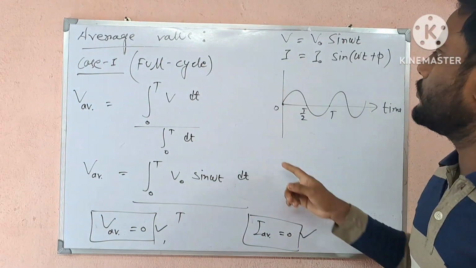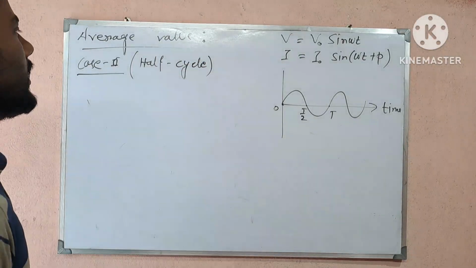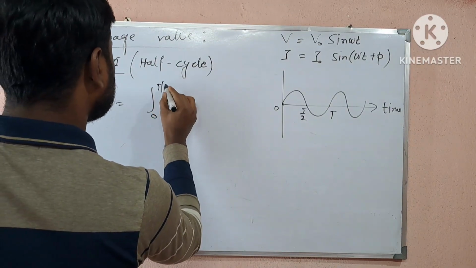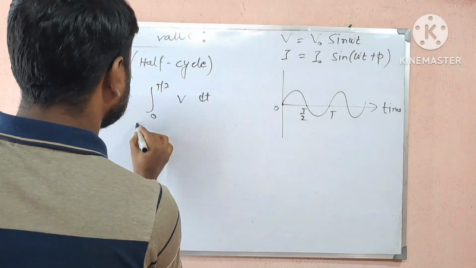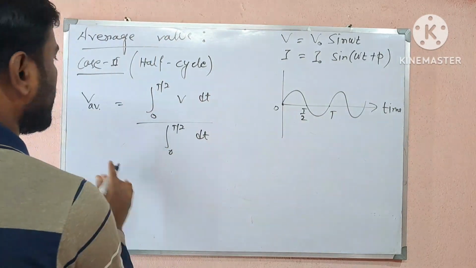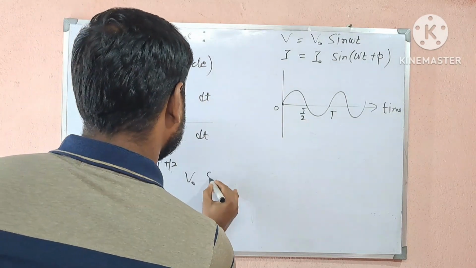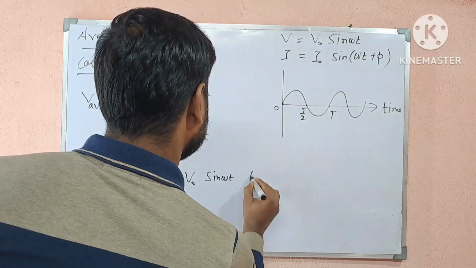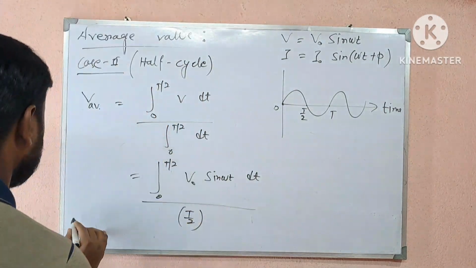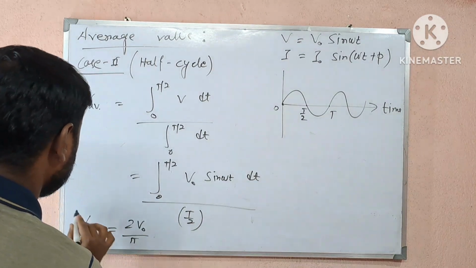So now we will calculate the average value in a half cycle. In a half cycle, the average value of voltage will be integral 0 to T by 2 of V dt divided by integral 0 to T by 2 of dt. Now integral 0 to T by 2 of V naught sine omega t dt divided by T by 2. After calculation, that value will be 2 V0 by pi.